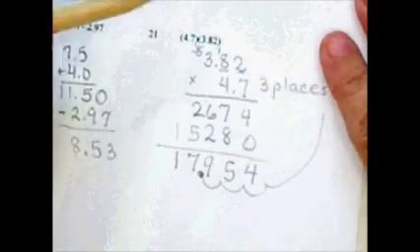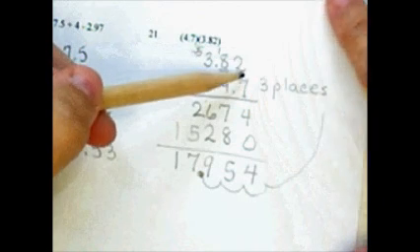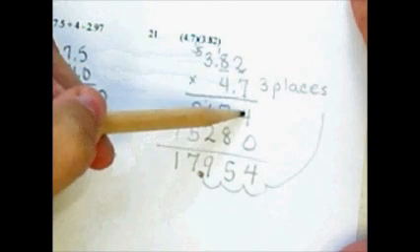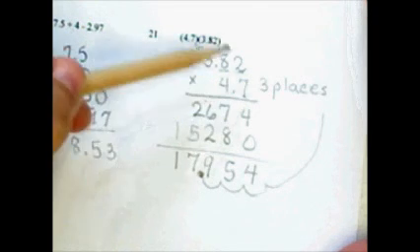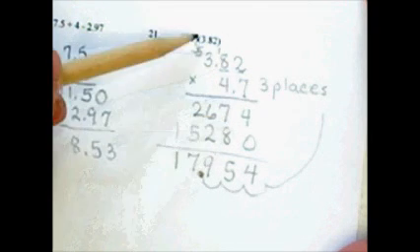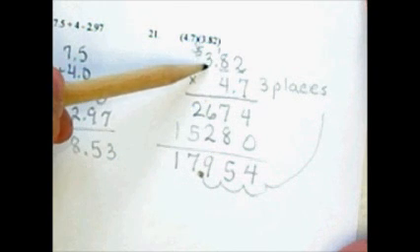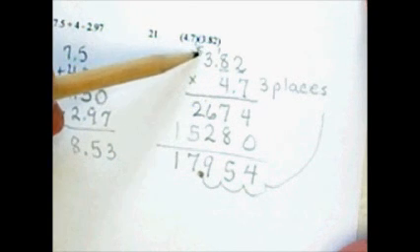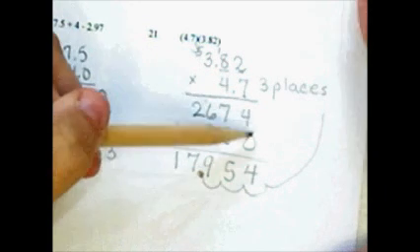Okay, in multiplication, we don't line up our decimals. We multiply as normal. 7 times 2 is 14, carry your 1. 8 times 7 is 56, and 1 is 57, carry your 5. 3 times 7 is 21, and 5 is 26. Okay, now I go to my next row. I put a 0 down because the 4 is over in tens place.